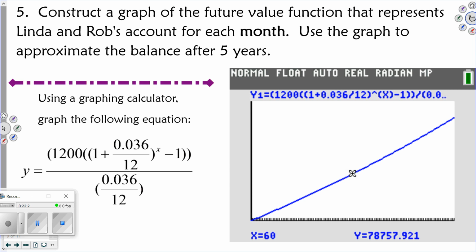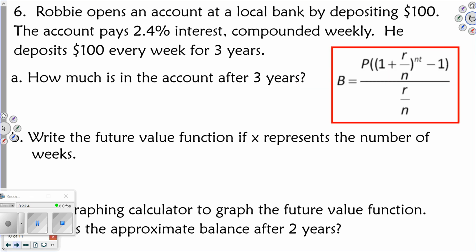At 60 months, here it is. At 70 months, here's how much I'll have. At 100 months, here's how much I'll have. I can do it real fast on the calculator once you type it in. That's the point of the graphing calculator. You could see at any point how much money you're going to have. But that being said, we will take off, we just won't look at that part of these next questions.